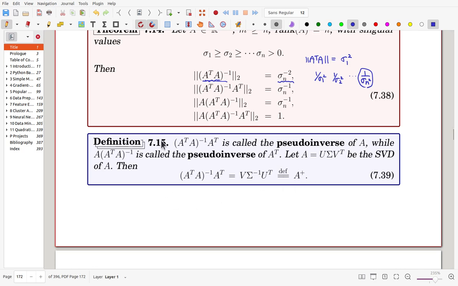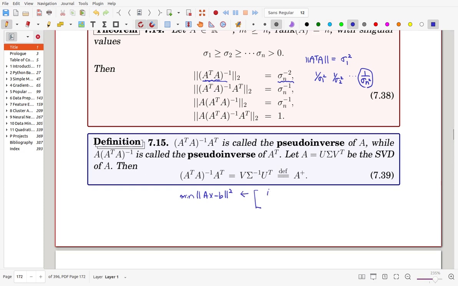Now how is it useful? For example, if you are considering the least squares formulation, the minimum of the norm squared of Ax minus b, then it can be considered in this way.